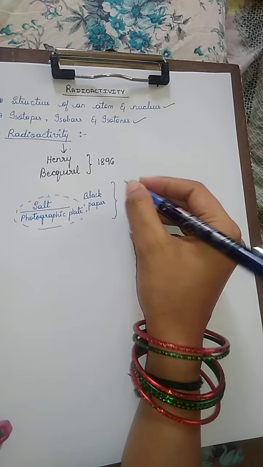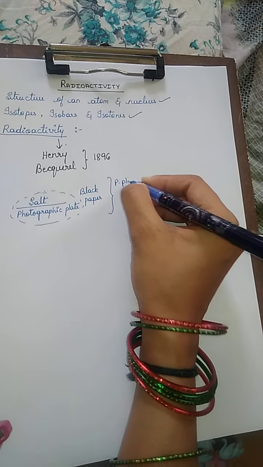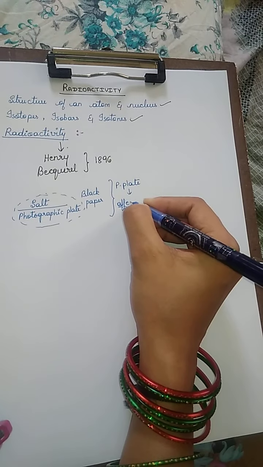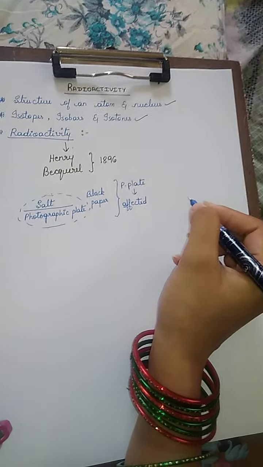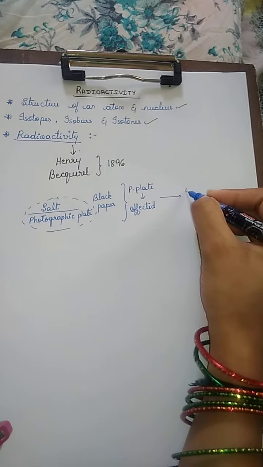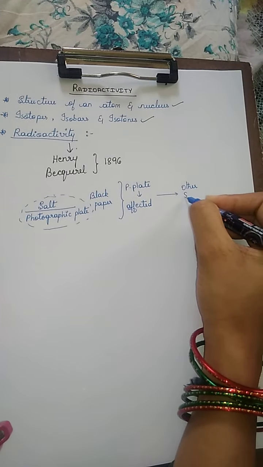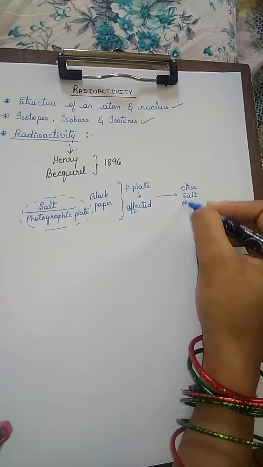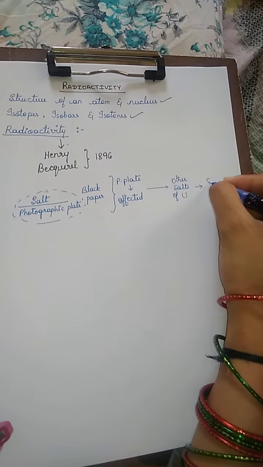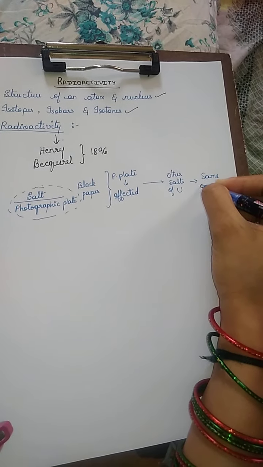After a few days, he saw that this photographic plate was completely affected. Now he conducted the same experiment with the other salts of uranium. Again, he got the same observation.